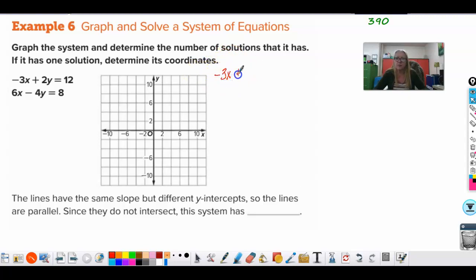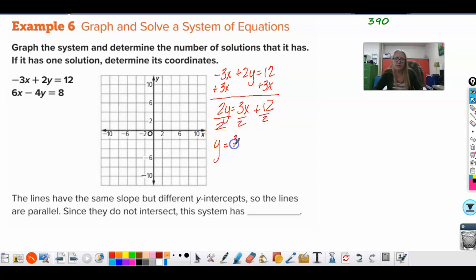Negative 3x plus 2y equals 12. All right, add 3x to both sides. I don't know why they don't just give them to us in slope-intercept form. 2y equals 3x plus 12. Divide everything by 2. It gives me y equals 3/2 x plus 6.